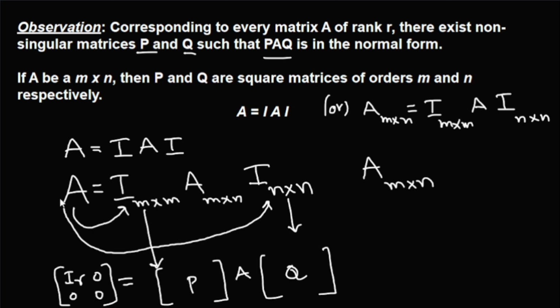So after a finite number of elementary transformations, both row and column operations, this matrix A will be reduced to normal form on the LHS, and the same row operations on this matrix will reduce this identity matrix to P. The same column operations will make the other identity matrix Q. Here P and Q will be non-singular matrices. Okay. Now let us take a problem and solve.